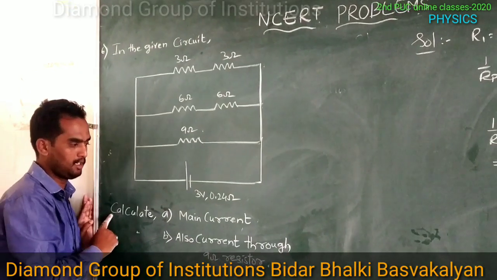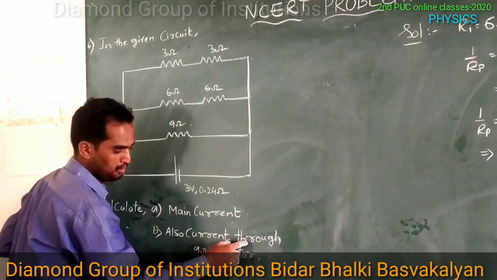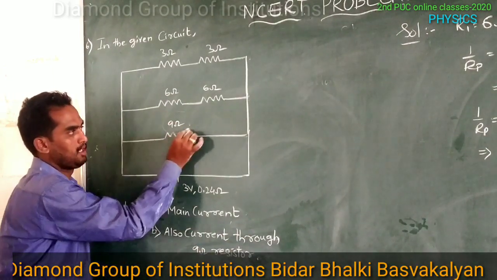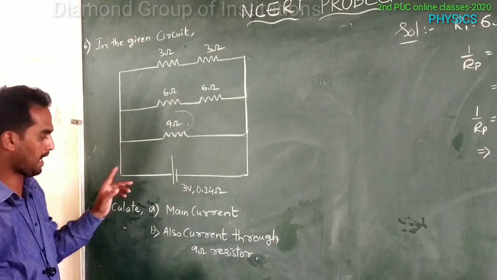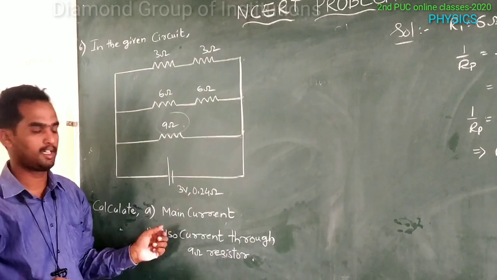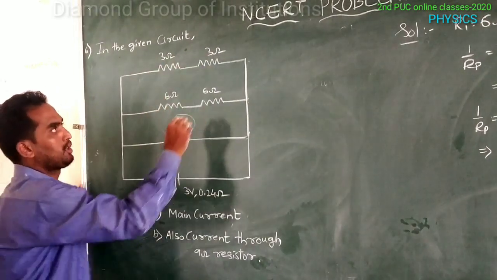Calculate the main current and also the current through the 9 ohm resistor. So we should calculate the current across this 9 ohm resistor as well as the total current, that is main current.